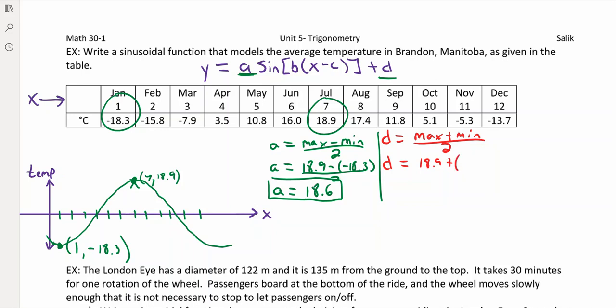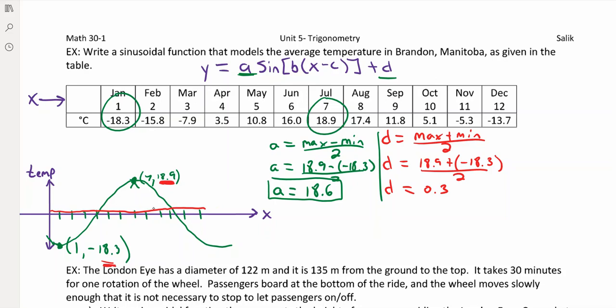So 18.9 plus negative 18.3, divided by 2. So your D value is 0.3, which really makes sense, right? When we were finding our D value, we're finding what this line is going up and down around. If you cut this line right in half, what would it be going around? And 18.9 has a little bit more magnitude than negative 18.3, right?